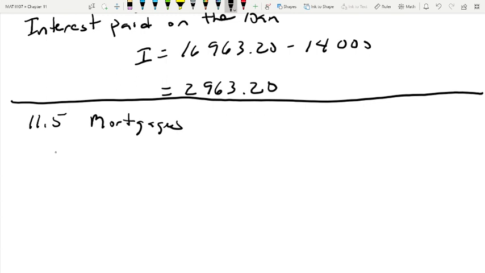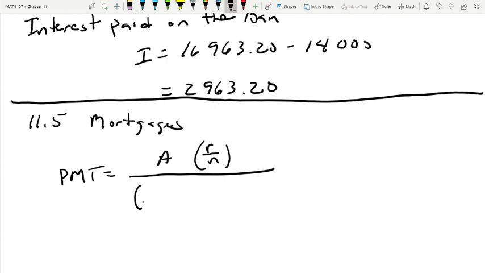And so in terms of our payment formula, and we've seen this before, this is going to be A times R over N over 1 minus 1 plus R over N to the minus N T. Right? So that is our formula.